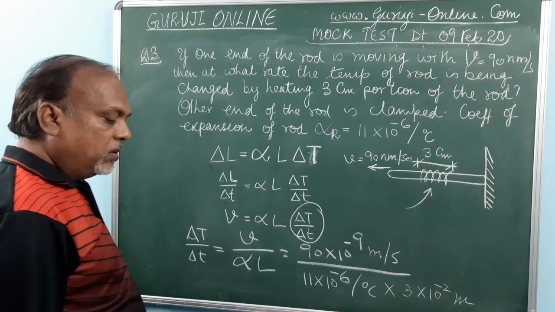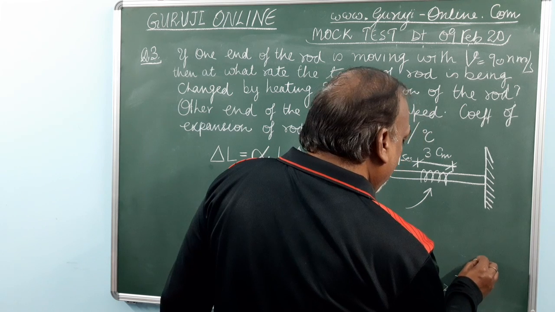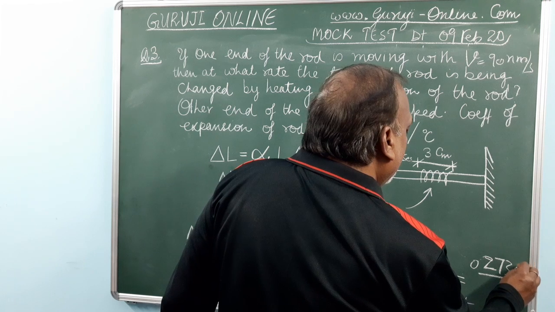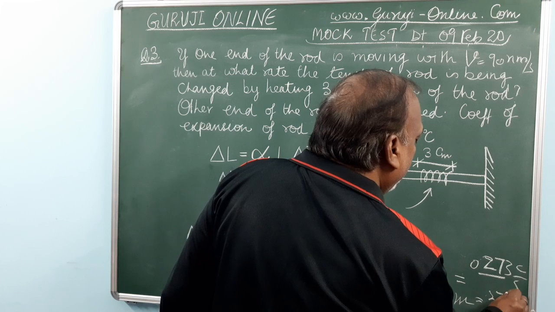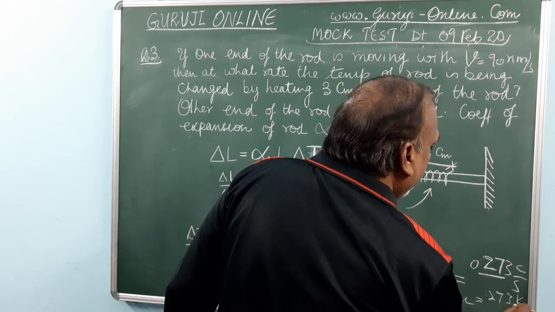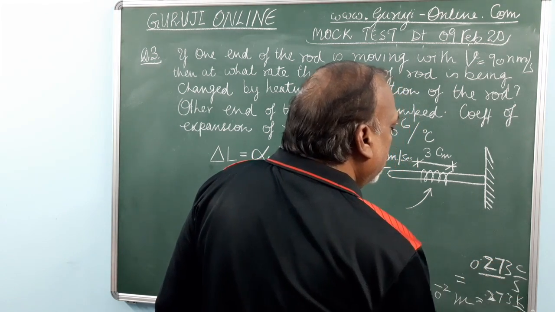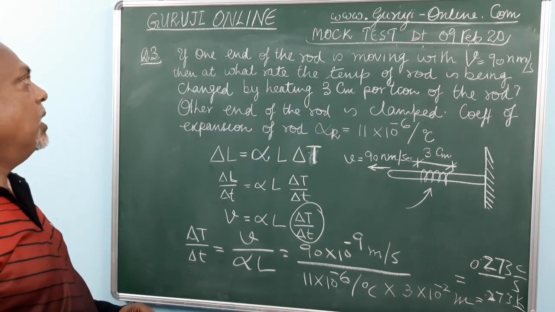This we can find out. This will come as 0.273 centimeter upon second, or we can write this 0.273 Kelvin per second, because these two scales are the same. So this is the answer of the third question.